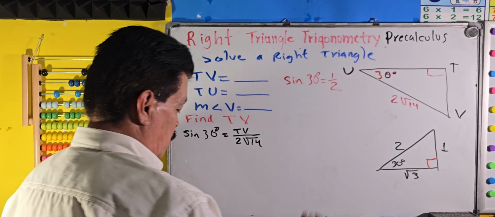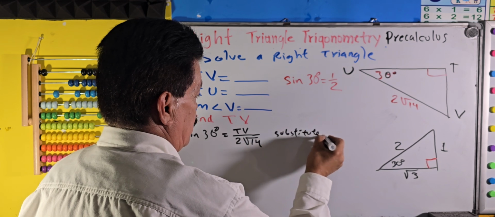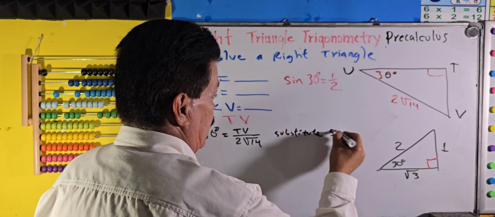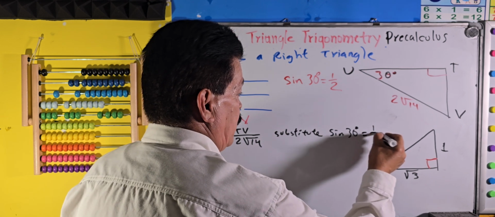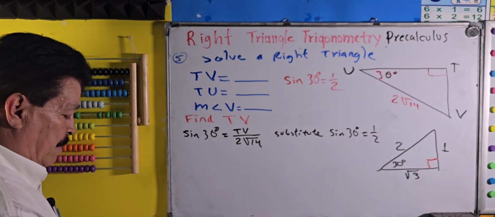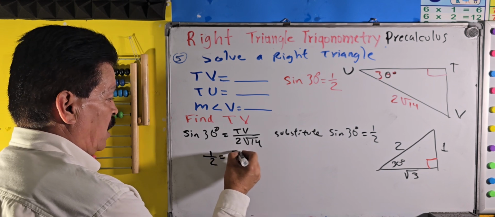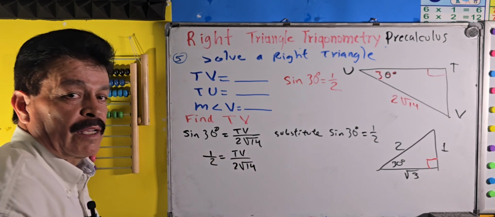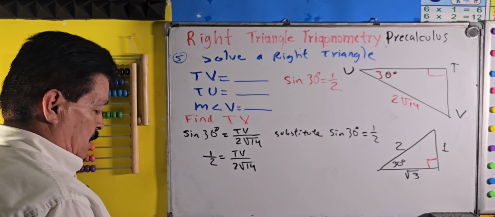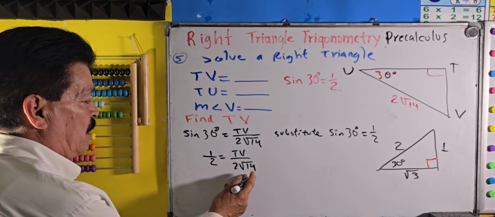If we substitute here, sine 30 degrees equals 1/2. So we will have 1/2 equals TB divided by 2 square root 14. Correct? So if we continue step by step, just move this to this side.